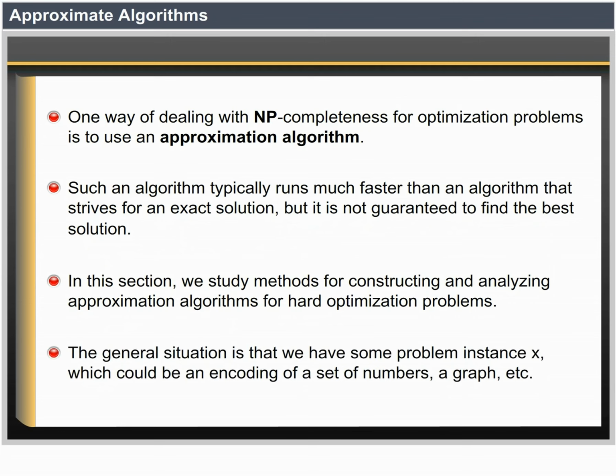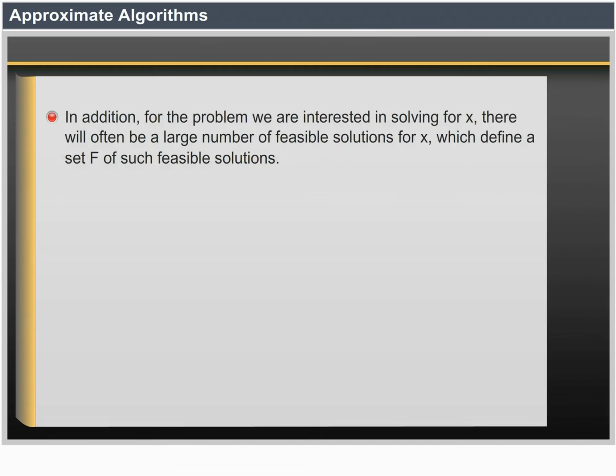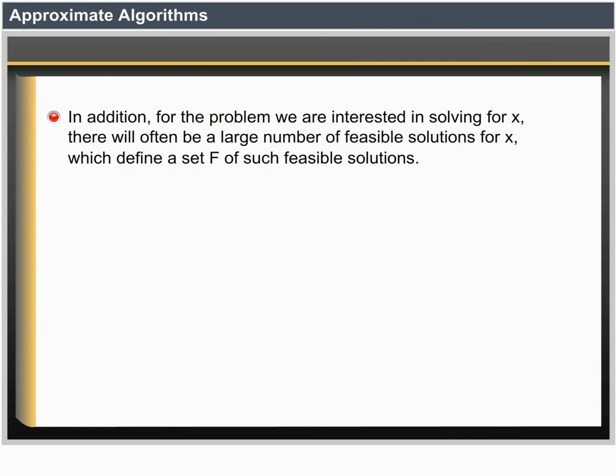The general situation is that we have some problem instance X, which would be an encoding of a set of numbers, a graph, etc. In addition, for the problem we are interested in solving for X, there will often be a large number of feasible solutions for X, which define a set F of such feasible solutions.